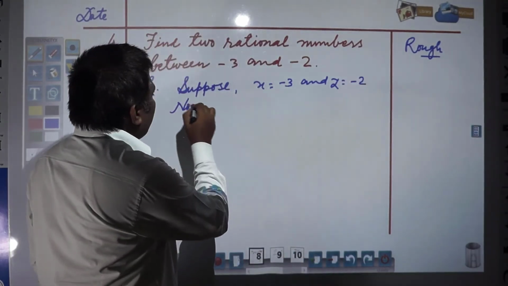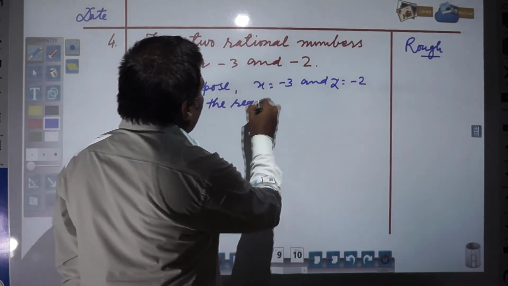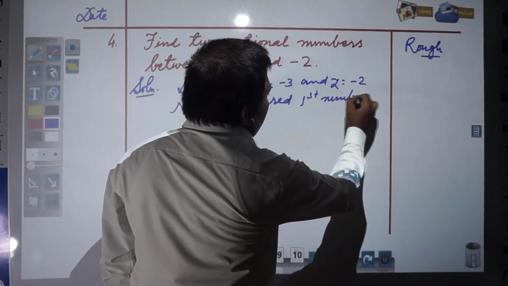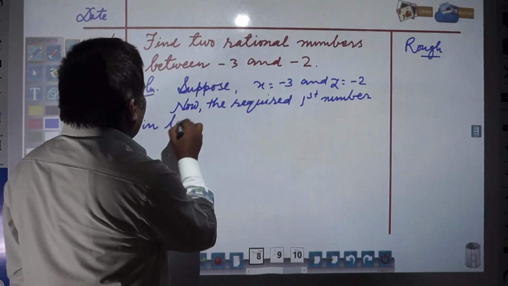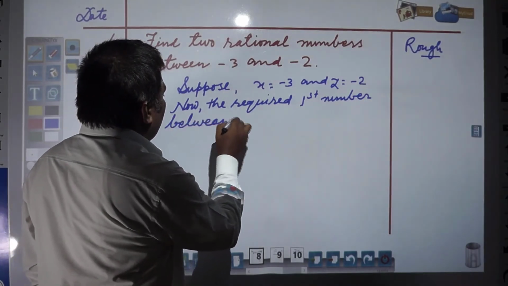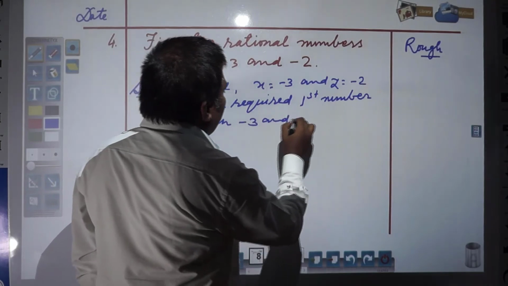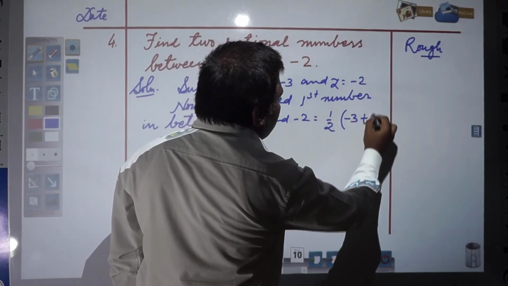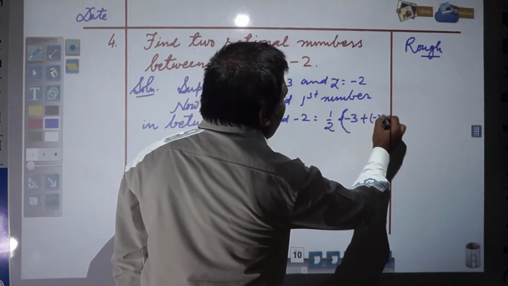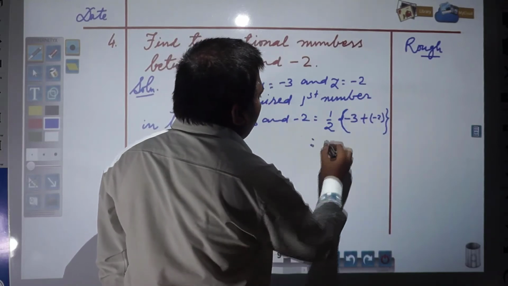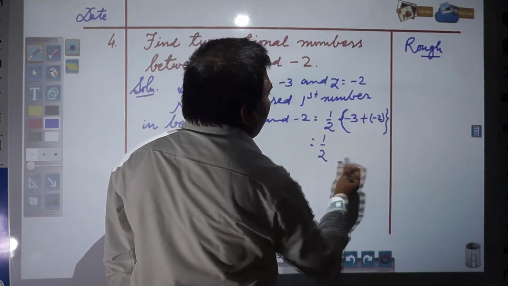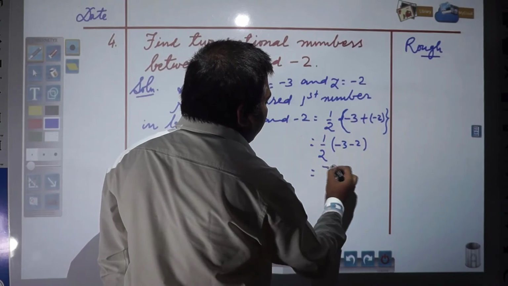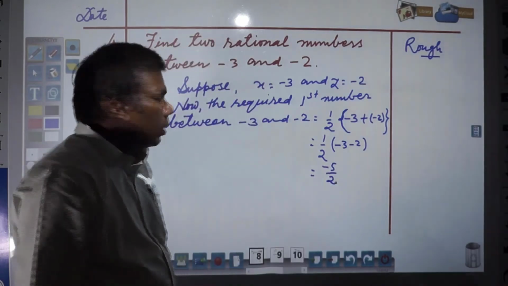Now the required first number in between -3 and -2 will be equal to 1 by 2 times -3 plus -2, and this will be equal to 1 by 2 times -3 -2, and this will be equal to -5 by 2. This first number you got.